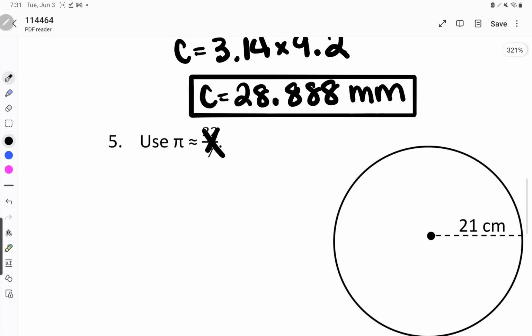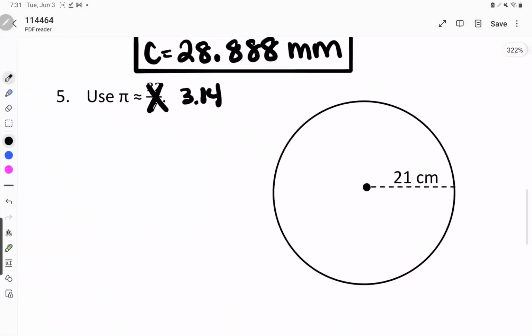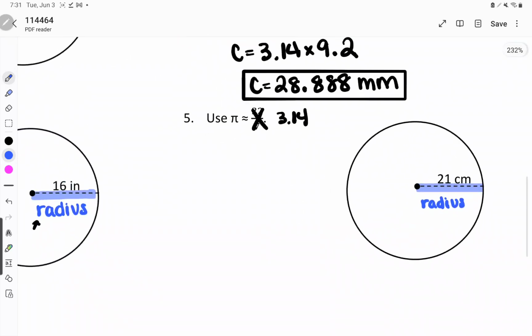Next one, I'm going to still stick with 3.14 instead of 22/7. All right, so it wants us to find the circumference. Looking at this 21 right here, is that a radius or a diameter? That is a radius. So which formula am I going to use? I'm going to use C, circumference, equals 2 times pi times radius. In for my radius, I'm going to put 21.